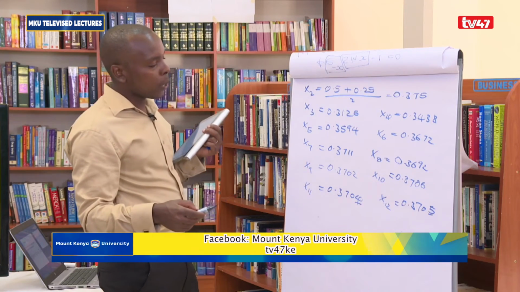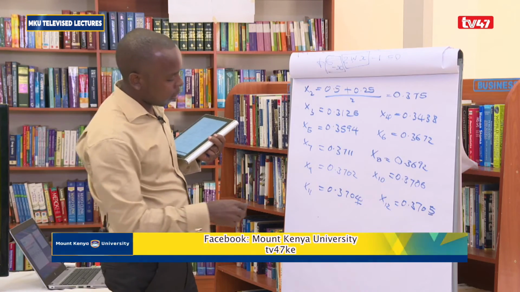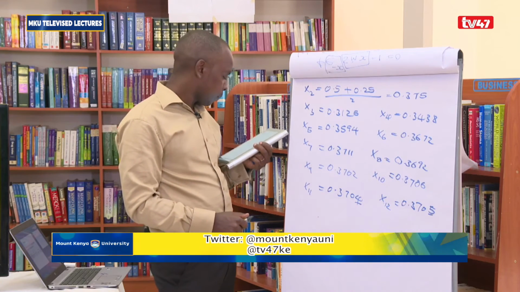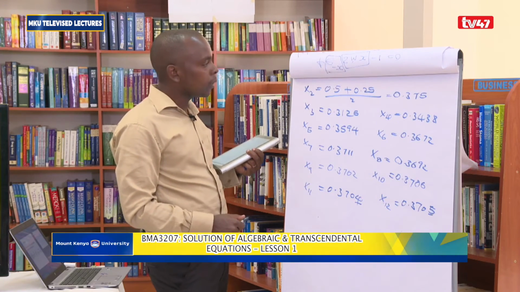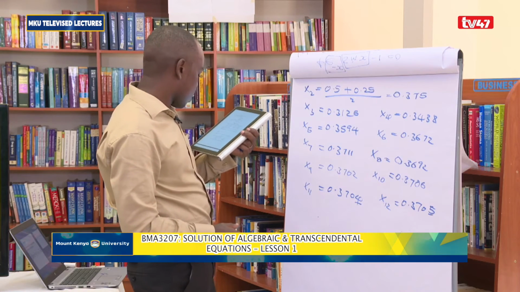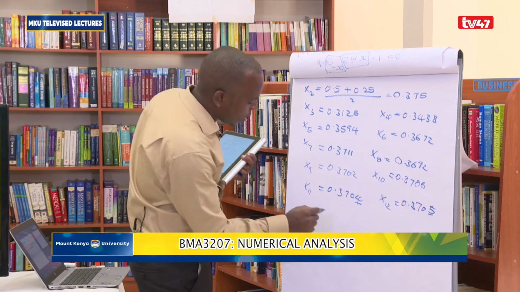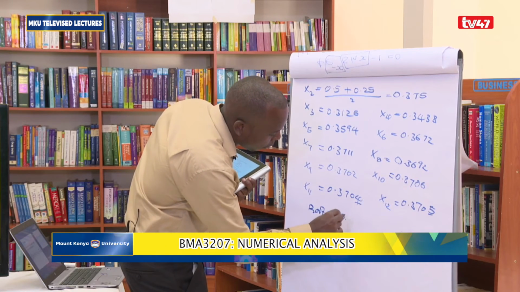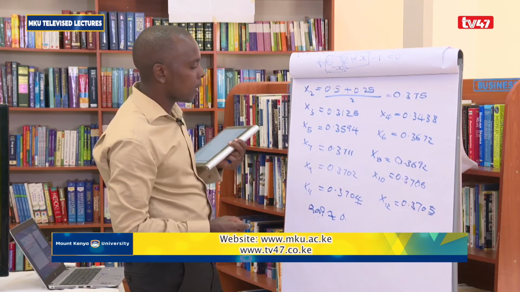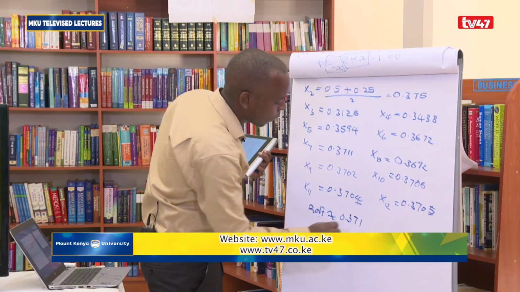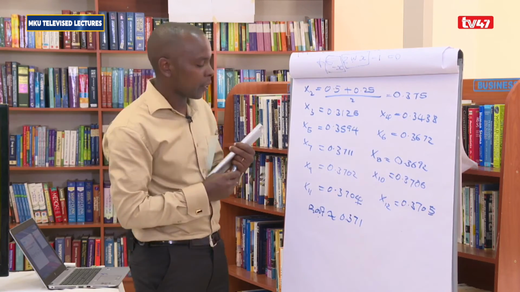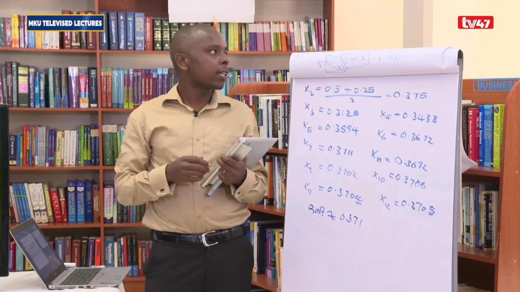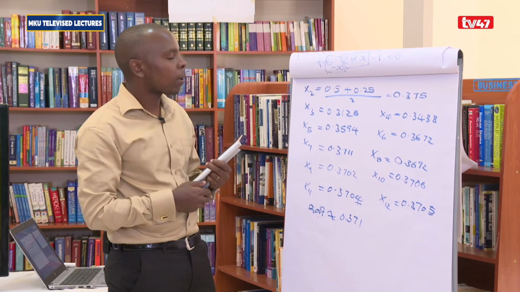So we can confidently say that our approximation to the root of the given transcendental equation is 0.371. So the method is very simple to apply.